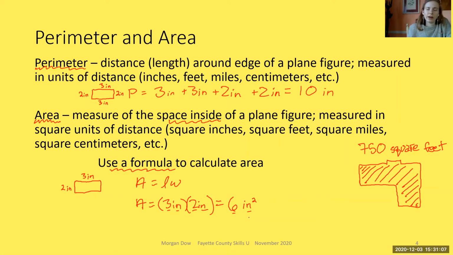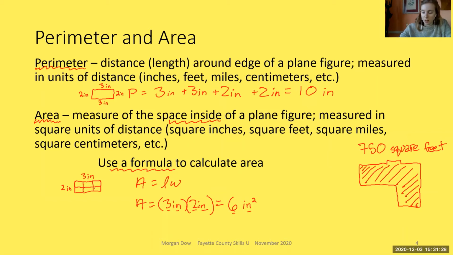You can also get a visual understanding of what these square units mean if we look at our shape here. We know that the width is 2 inches, so I'm going to split this side up into 2 equal parts, 2 equal inches. And then the length is 3 inches, so I'm going to split this length up into 3 equal parts.